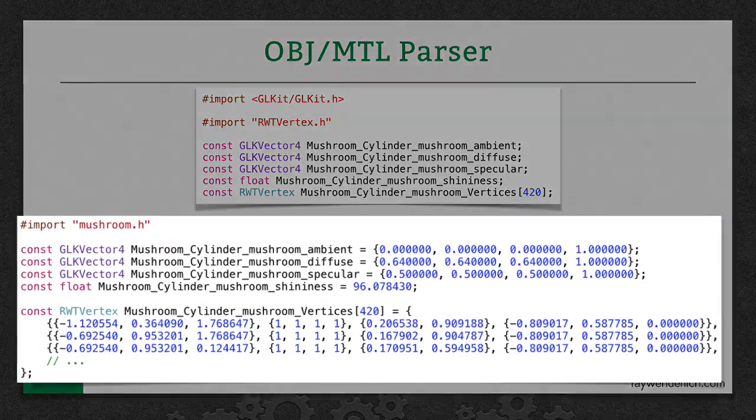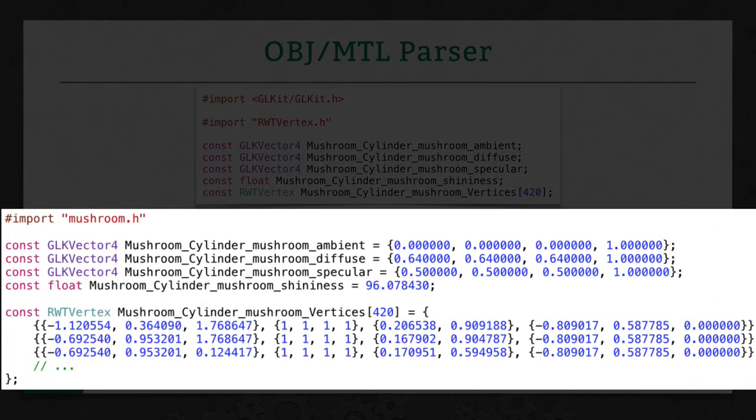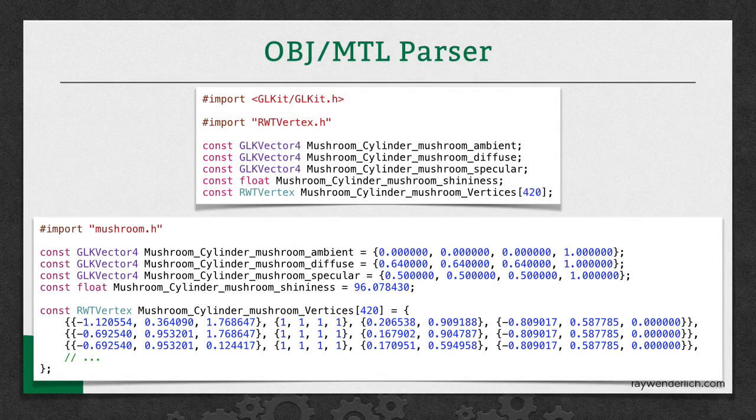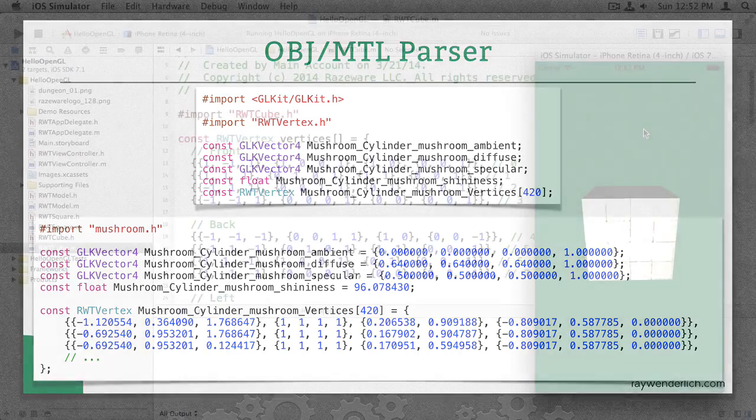And in the .m file, you see that we've just listed out all the appropriate information that came from the .obj file. So we have a position, a color, which is actually always going to be set to 1 in this case, a texture coordinate, and a normal. And this all came from the OBJ file. Then we can make our own subclass of the RWT model class that uses this vertex array that came from the OBJ file rather than having to hard-code it in like we've done for the cube.